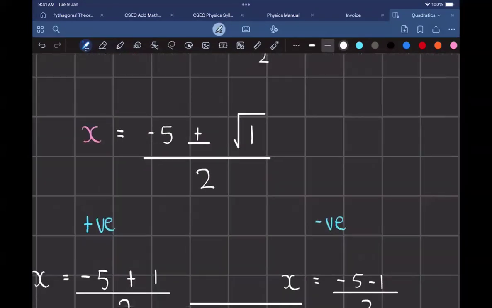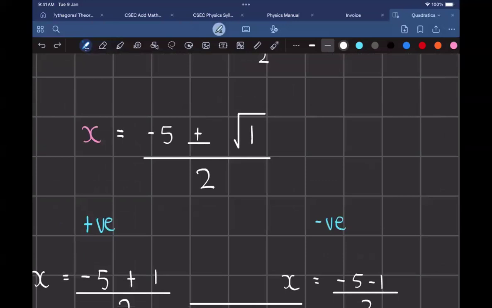So over here, right, I end up with -5 plus or minus the square root of 1. Which case is that? 1, 2, or 3? You end up with something more than 0, less than 0, or equal to 0. More than 0.